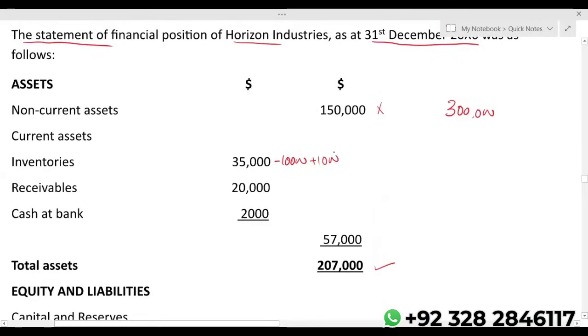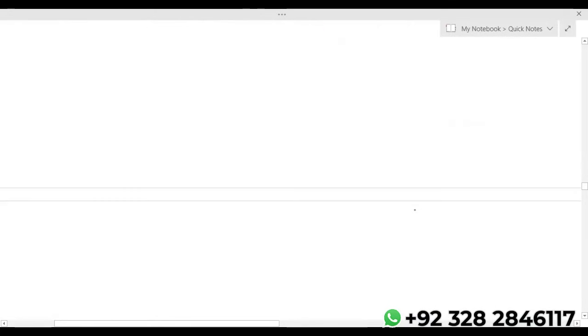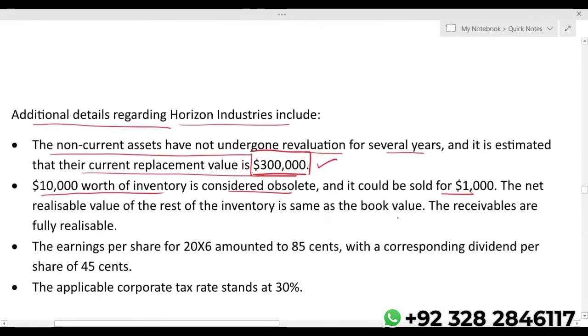Just a minute. I'll get 26. If the examiner does not give us any information regarding any other asset, then whatever is written in the SOFP, we take that value. The net realizable value of the rest of the inventory is the same as the book value. The receivables are fully realizable.